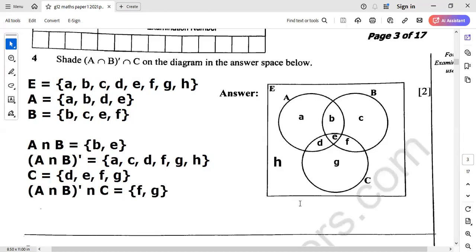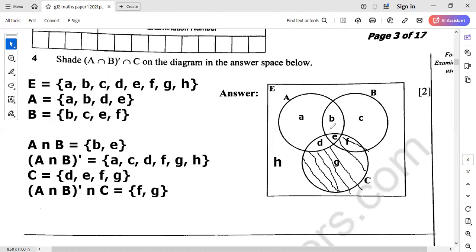So if we are now shading this, we shade this region here. It's not really the best of shading, but at least you've seen how you go about this. So this is the region that you shade. Make sure that if you can't shade directly, you write what I've written here.